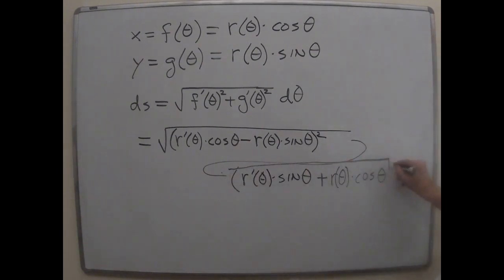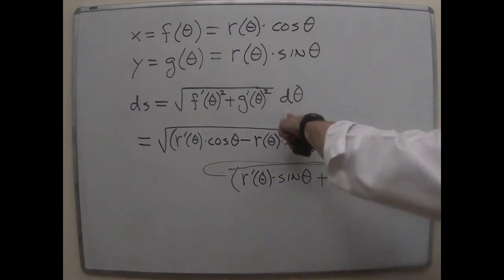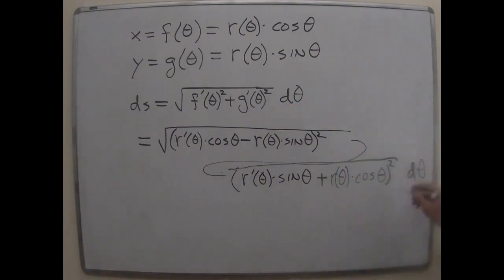So that's the end of our radical right there. No, it's not, because we need to square this. Then it's the end of our radical. And then finally we have a d theta on the end.